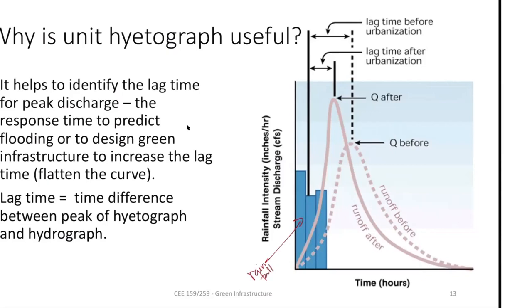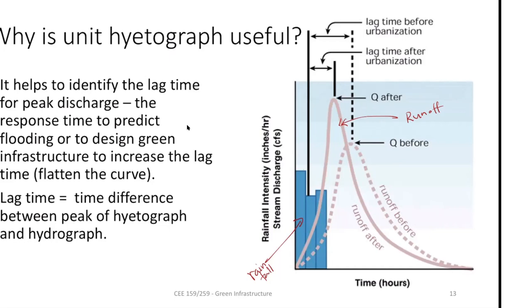And the gray bar over here, or the purple color, is runoff or stormwater at locations. So now if you have these two graphs together, then you know that when it rains this much initially, it corresponds to this much flow rate at certain places.